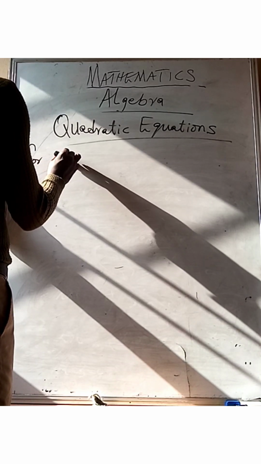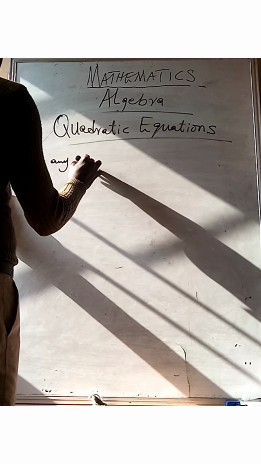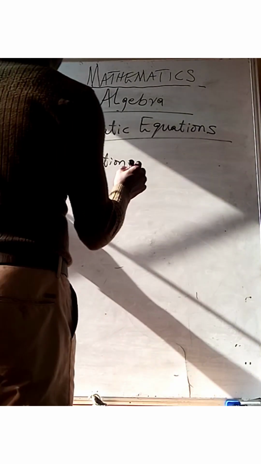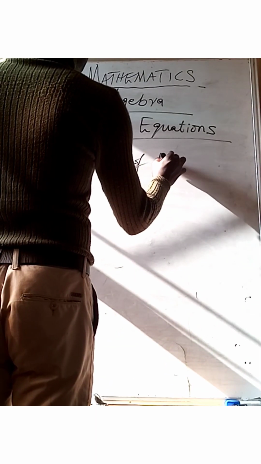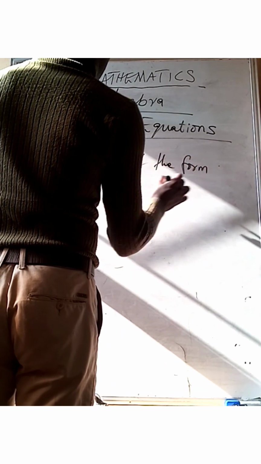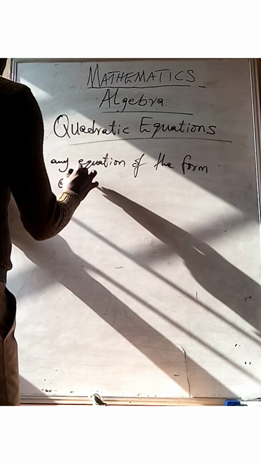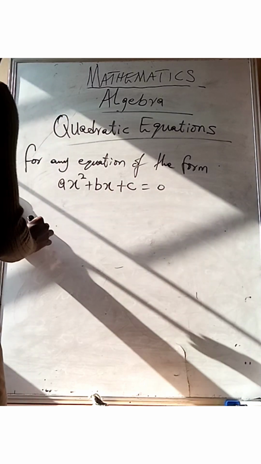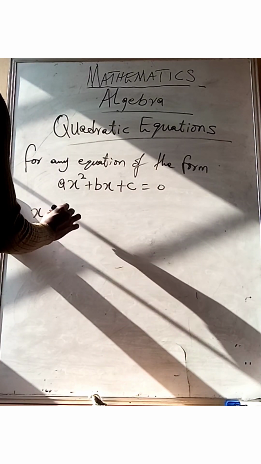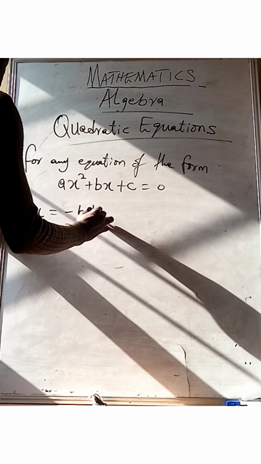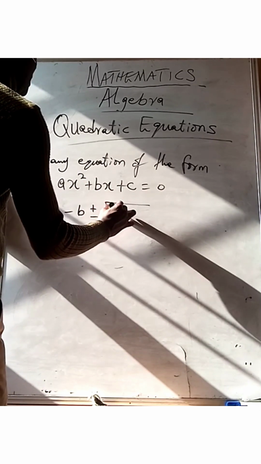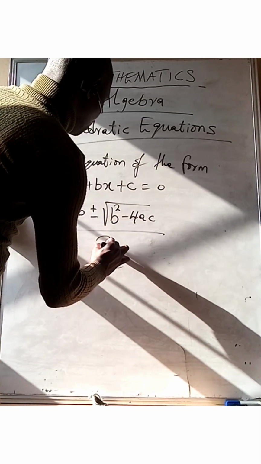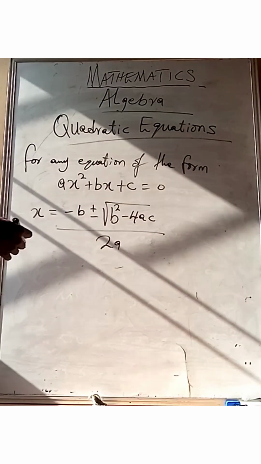For any equation, and when I say equation at this point, I'm talking about a quadratic equation of the form ax squared plus bx plus c equals 0. x is equal to negative b, positive or negative the square root of b squared minus 4ac, everything over 2a. And this is the quadratic formula.